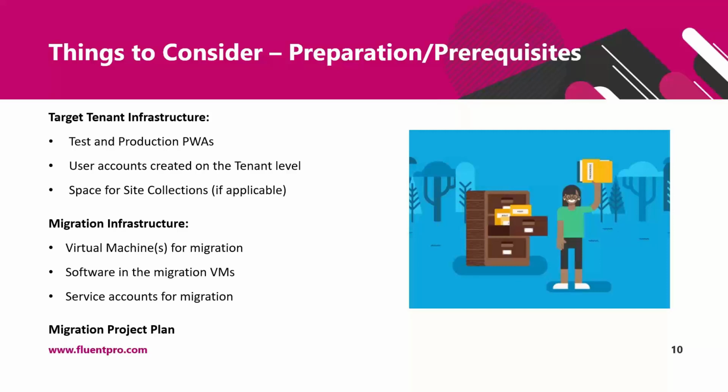As for migration infrastructure, we recommend using dedicated machines for the migration, either virtual machines or physical ones. They should be dedicated and not the ones that you use for everyday work, because some of the processes include interaction of FluentBooks and Project Professional, like during download and upload of projects.